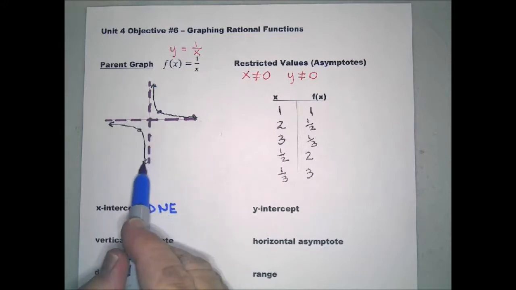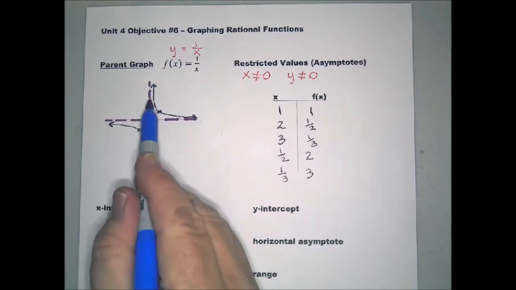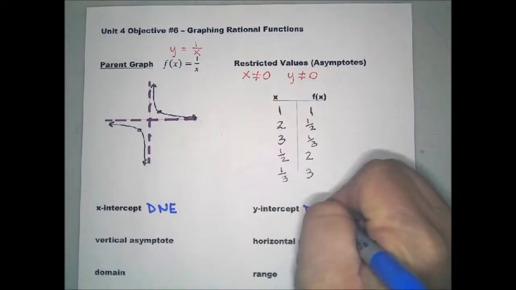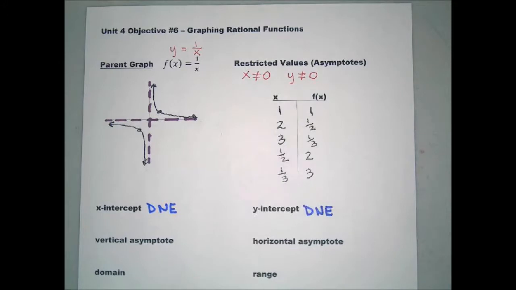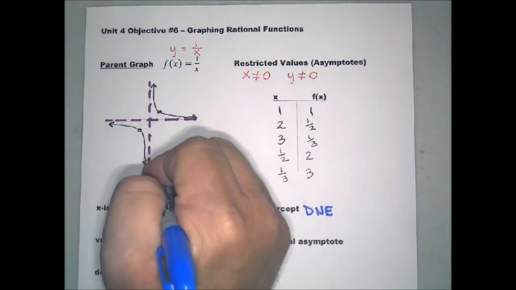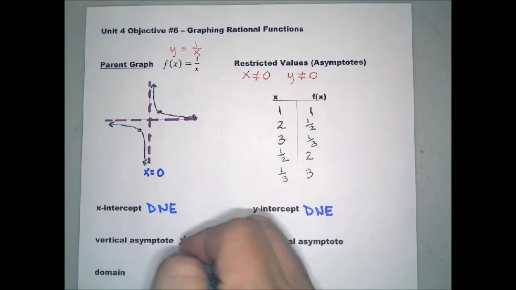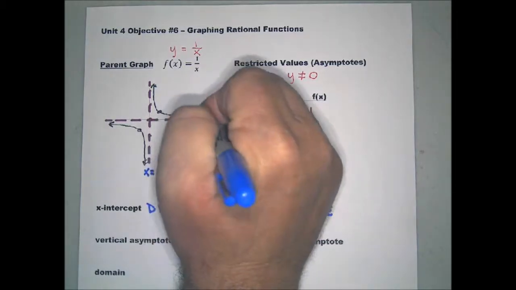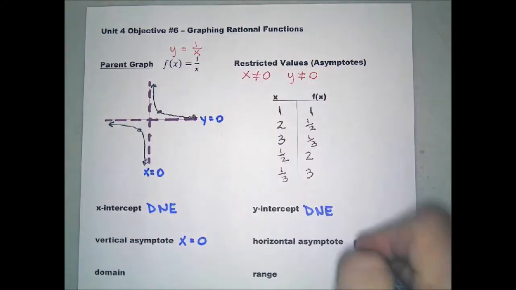It comes really close down here and it comes really close up there, but it never touches. So the y-intercept doesn't exist. Now, the vertical asymptote was right here at x equals 0. The horizontal asymptote was right here at y equals 0.